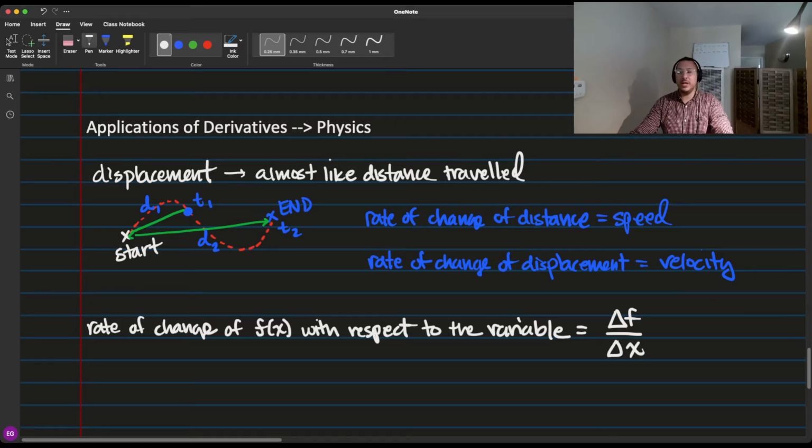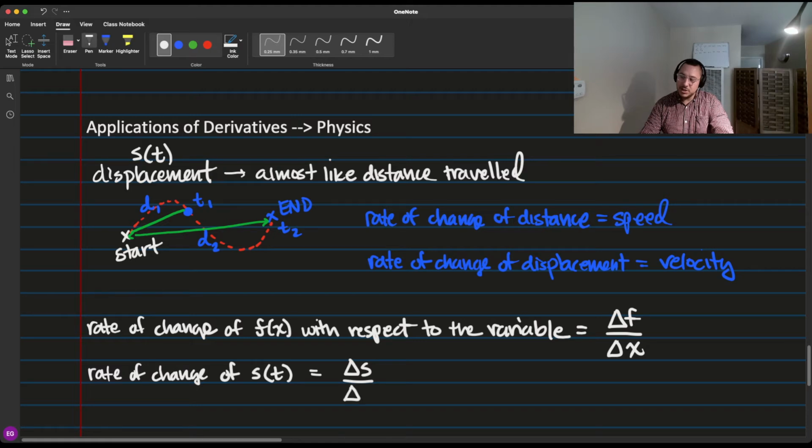So if we're talking about the rate of change of some function f of x, we already know the independent variable is x, so you want the change in f over the change in x. So if we're talking about the rate of change of displacement, the function is s, and your displacement depends upon time. You want the change in s with respect to the change in time. Time is always the independent variable in physics, basically.